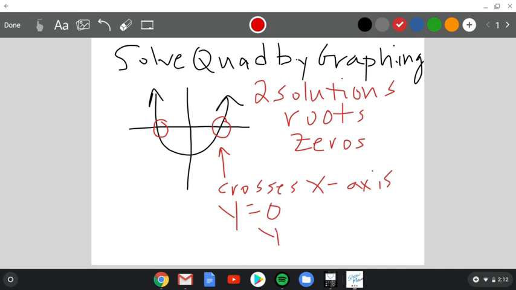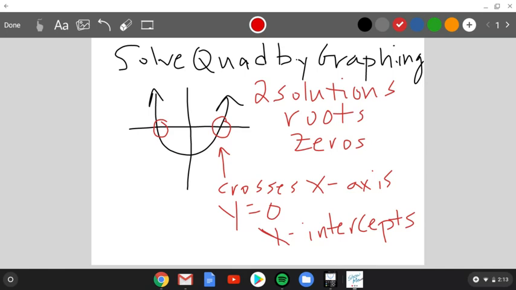So those are also the x-intercepts. So lots of different ways to describe what's happening when a graph is crossing the x-axis. So those are the solutions or the roots or the zeros to the equation. It's the x-intercept, the y equals 0 at those places.